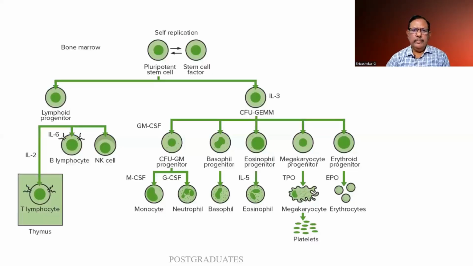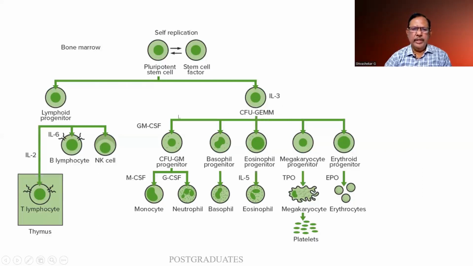Look at this one. There is a pluripotent stem cell and it can be converted into a committed stem cell. The pluripotent can differentiate into the lymphoid as well as the colony forming unit, granulocyte, erythroid, monocyte and megakaryocyte, GEMM.